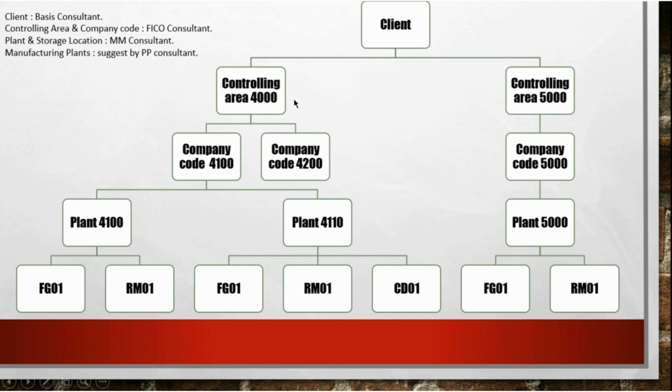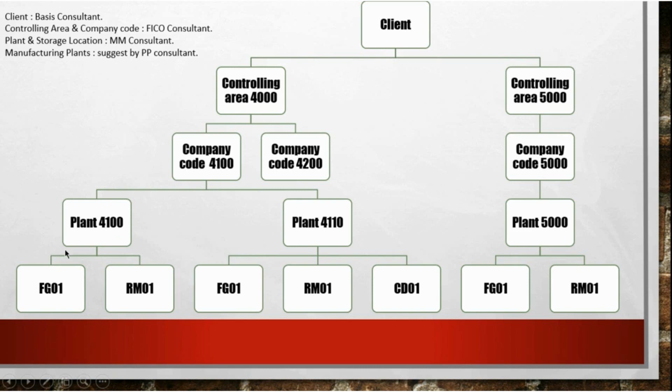Here the controlling area is taken as 4000, with company code 4100 and company code 4200. Here another company code is 5000. These are unique to the client, like 4100, 4200. Company codes cannot be repeated. Coming to the plant, the plant is also unique to the client, 4100.